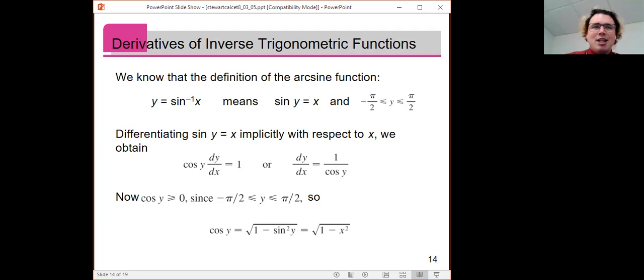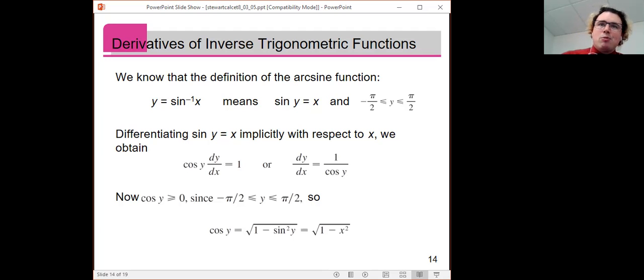That's what lets me change between a tiny change in x to a tiny change in y. So the equation that I get here: cosine of y, dy on dx equals 1. Okay, well, I can divide that. It says that my slope, dy on dx, is equal to 1 divided by the cosine of y.